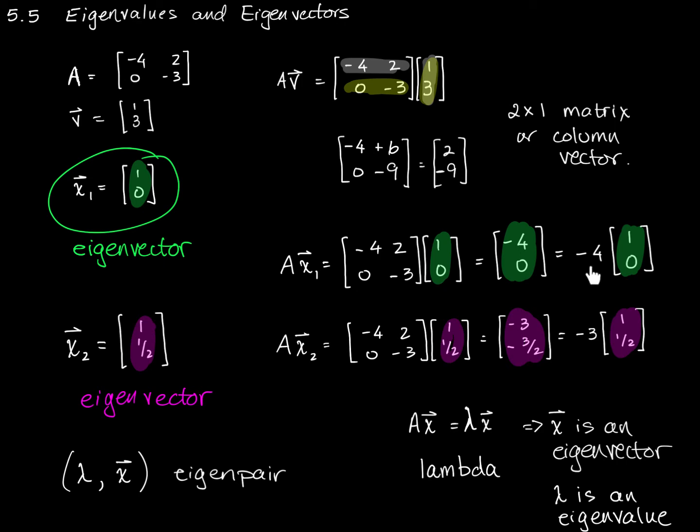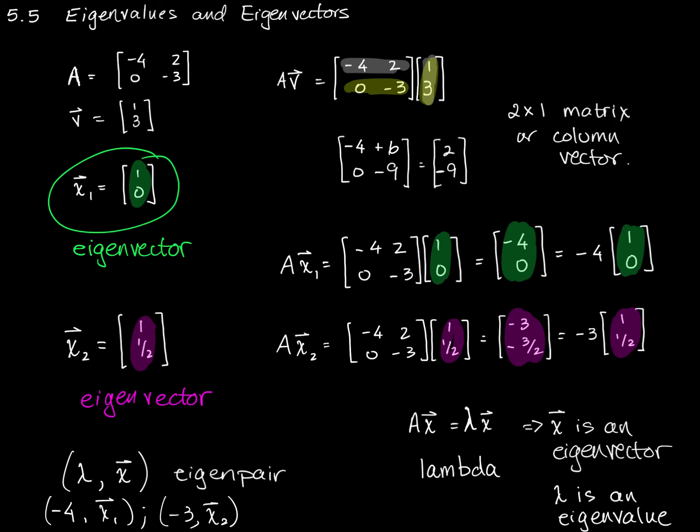It's never going to be anything else. When I use this vector, the scalar is only going to be -3. So that particular pair is unique, and as such, we sometimes write them as pairs. For example, my two answers here would be -4 with x1, and -3 with x2.